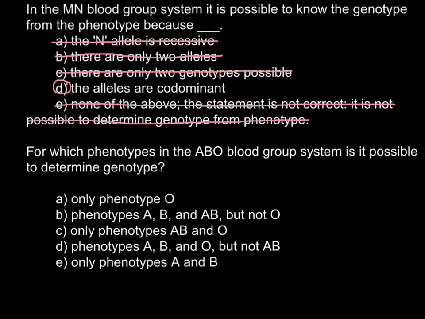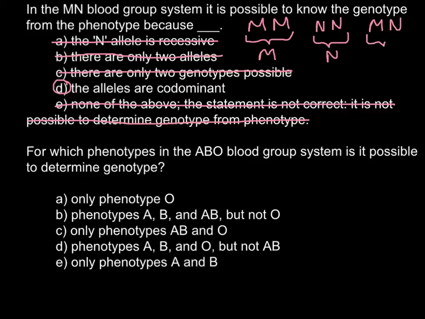Because consider we may have two alleles, M and N. When we inherit one allele from the mother, another one from the father, and these two alleles would make group M. And we also may have a situation when we have two N alleles, and this would make group N. And also we may have one allele M and another one N, and as long as these two alleles are codominant, this group would be MN.